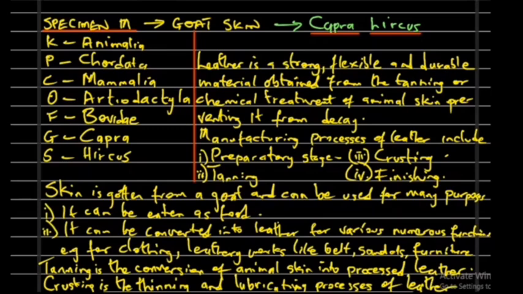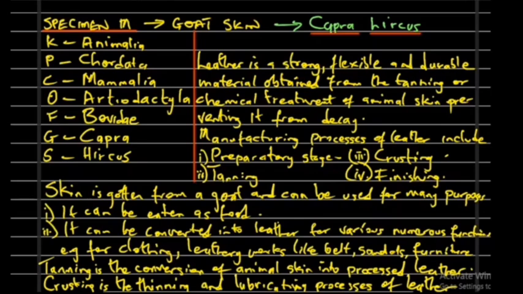So these are the things that we need to know about the skin. Like we said earlier on, it could be eaten as meat, and it could also be used in the production of leather works.